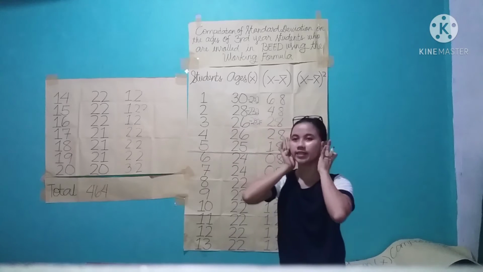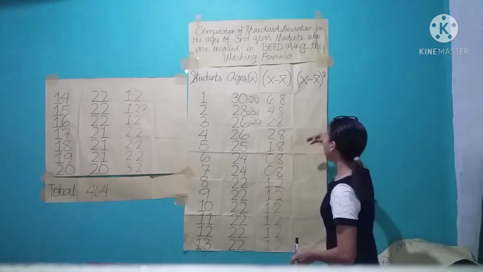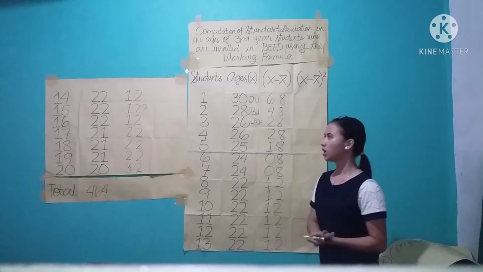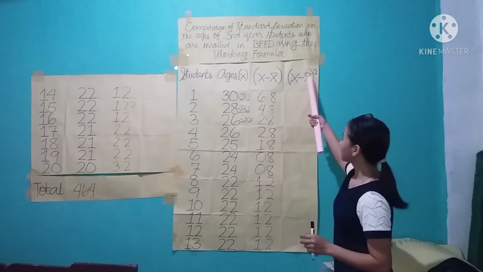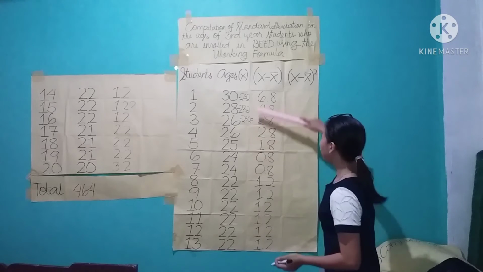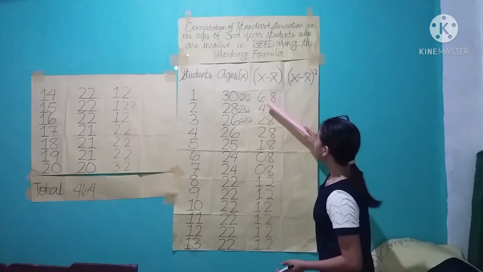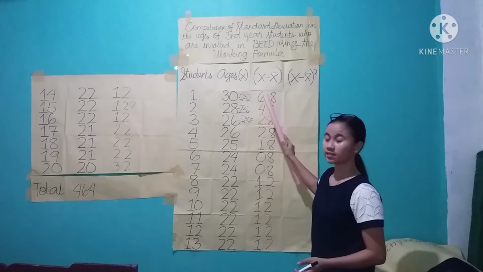Another is how to get the arithmetic mean minus scores squared. To get it, just multiply the arithmetic mean minus score by itself.